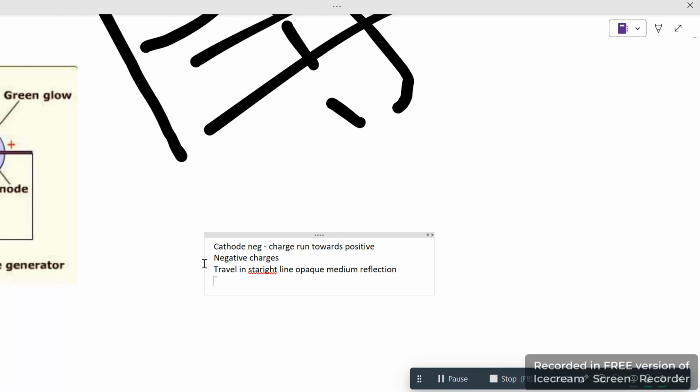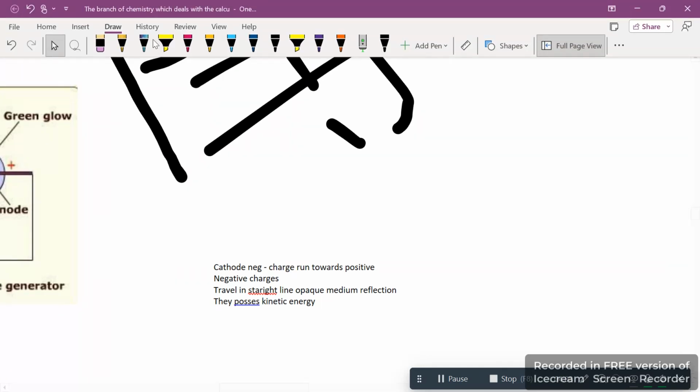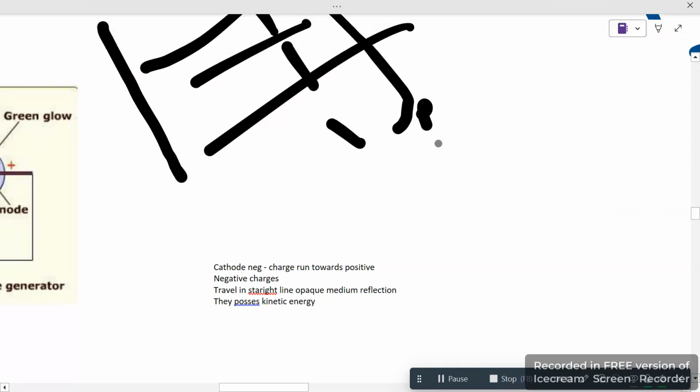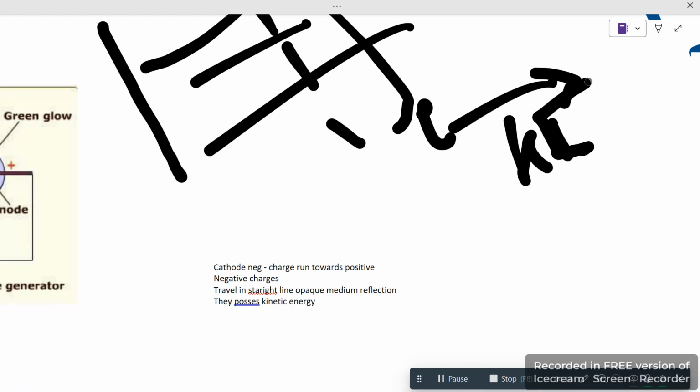And the next point, they possess kinetic energy. Kinetic energy is the energy of movement, of atoms or particles which move. Any particle which moves has that energy. If an electron moves from here to there, kinetic energy is simply motion energy.